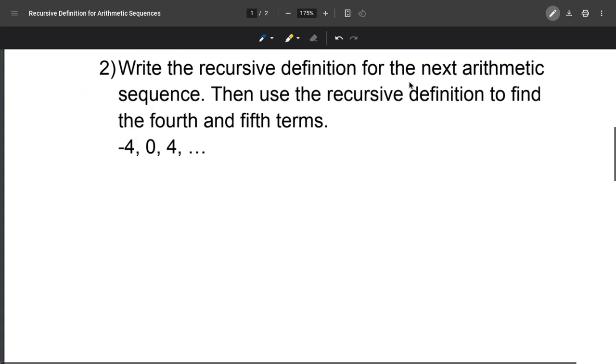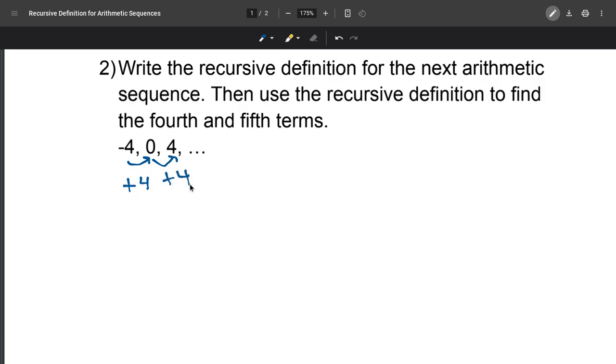Write the recursive definition for the next arithmetic sequence, then use the recursive definition to find the fourth and fifth terms. Okay, so we want to look at our common difference here when we go between terms. I didn't draw that well. All right, so we add 4 from going from negative 4 to 0, and we add 4 going from 0 to 4.